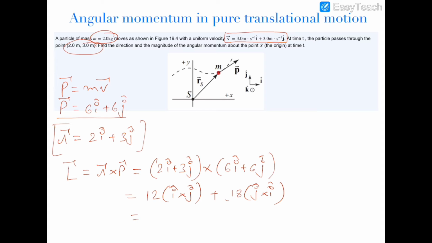So i cross j is k, so 12 k cap, and j cross i is minus k, so this is minus 18 k cap. So this is minus 6 k cap, which means the angular momentum of this object about point S is minus 6, and the direction of this angular momentum is towards minus k cap, going inside the plane. Now let's move on to the next question.